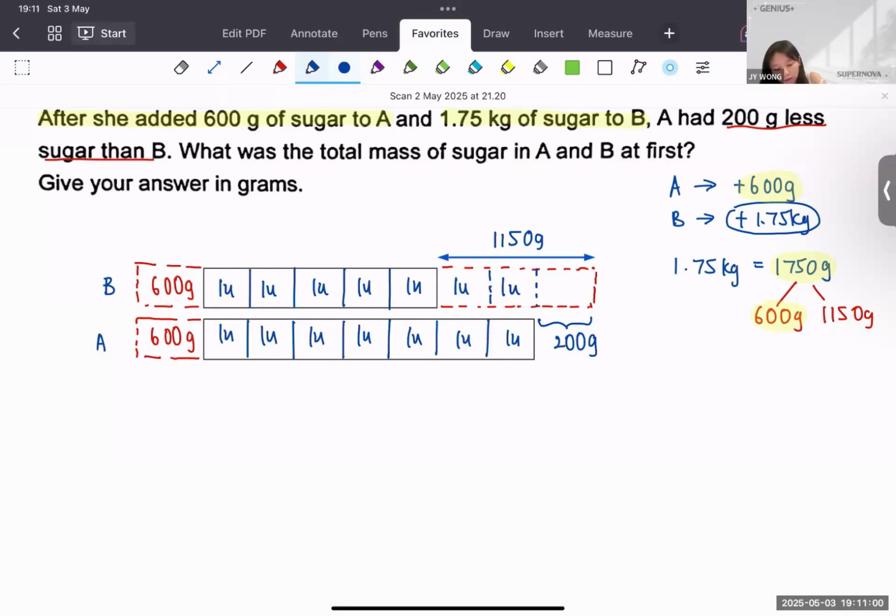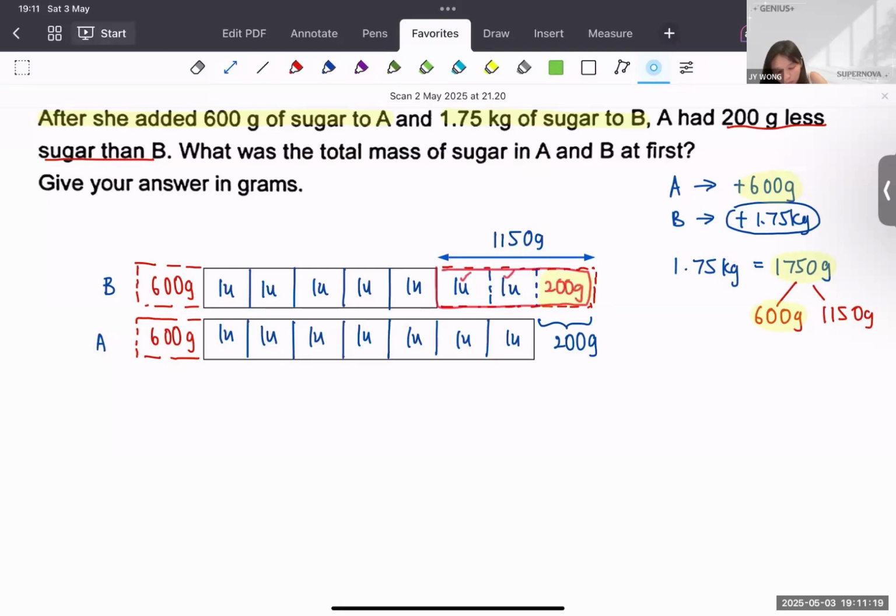So 1 unit, and this part here is 200. What can you do? You can find out what is 1 unit. You can see that 1U plus 1U plus 200 gram will give you 1,150.